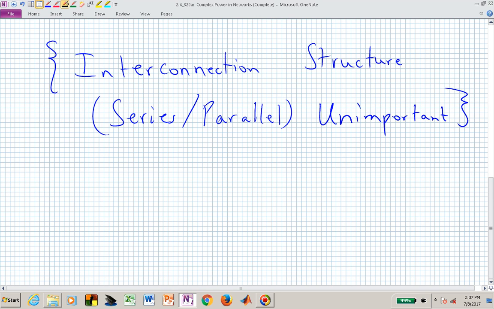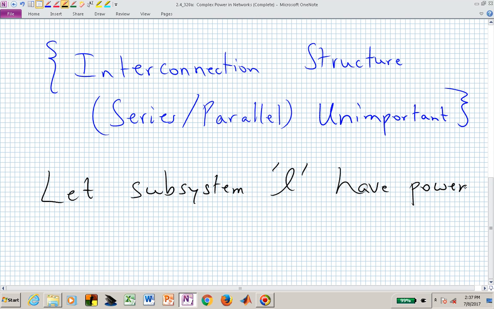To get some notation established, let's assume that each subsystem, which we're indexing with lowercase l, has the following power.